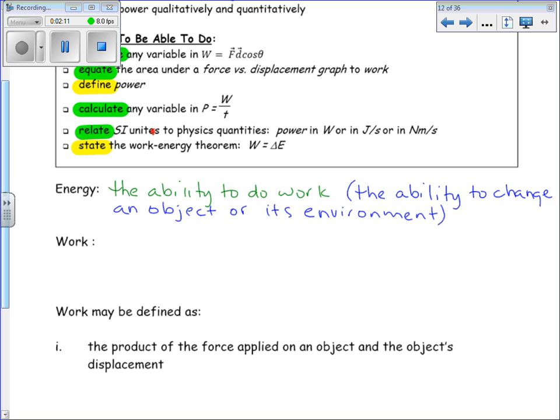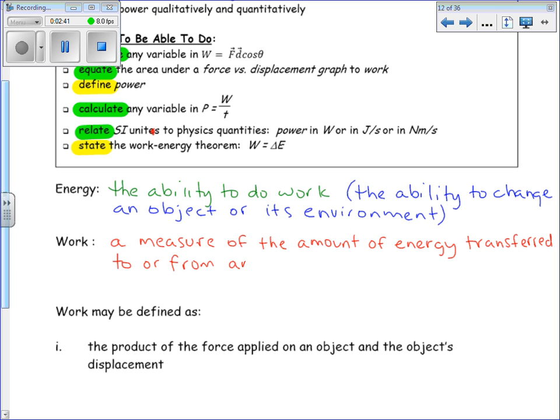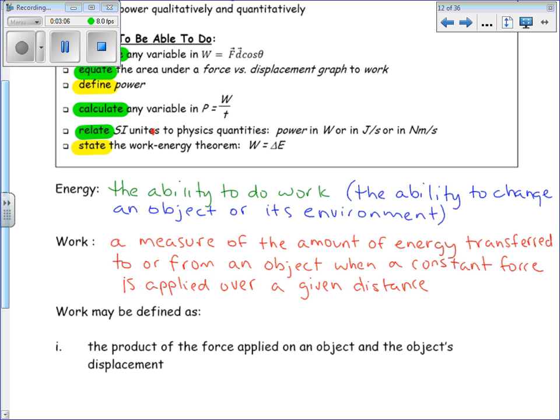Work, then, is a measure of the amount of energy transferred to or from an object when a constant force is applied over a given distance.